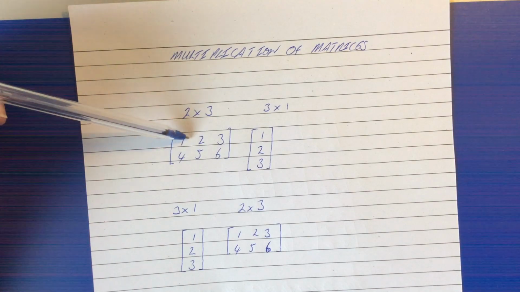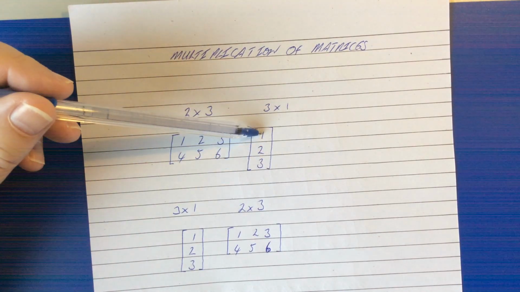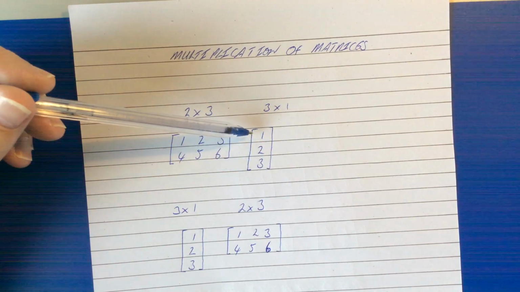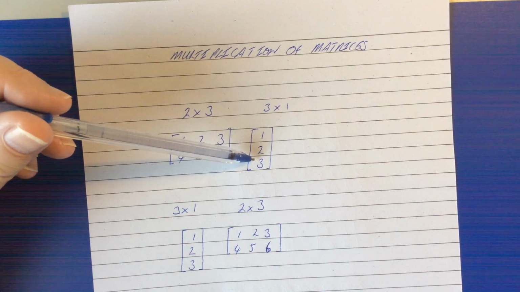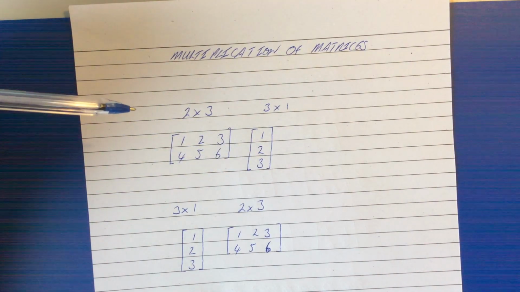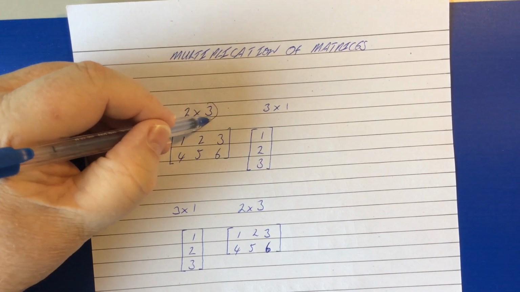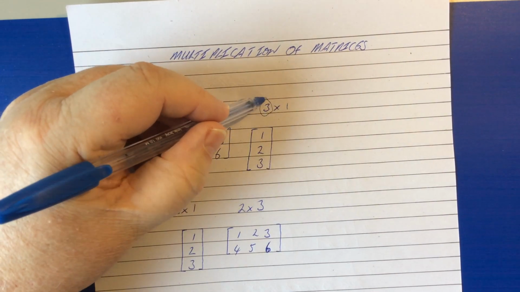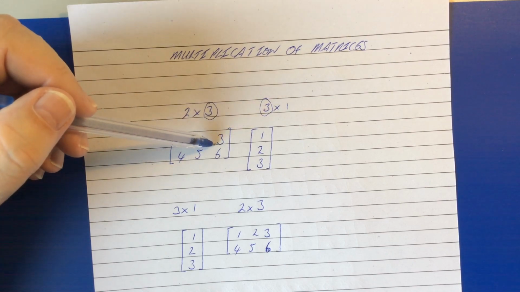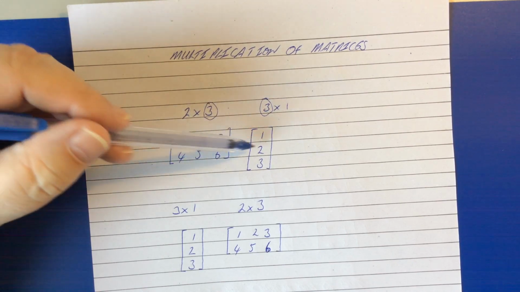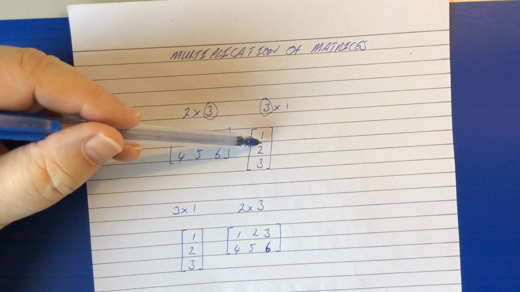So here we have a 2 by 3 matrix and a 3 by 1 matrix, and it is possible to multiply these. The simple check for this is to look at this number here and this number here. If this number and this number are the same, you can multiply these matrices in this order, so this by this.